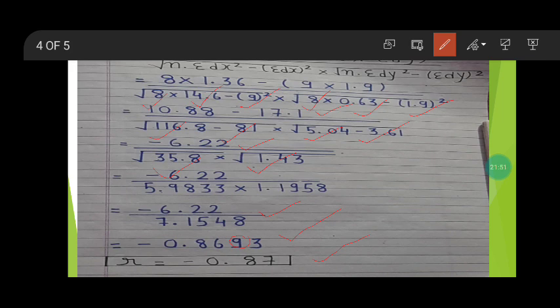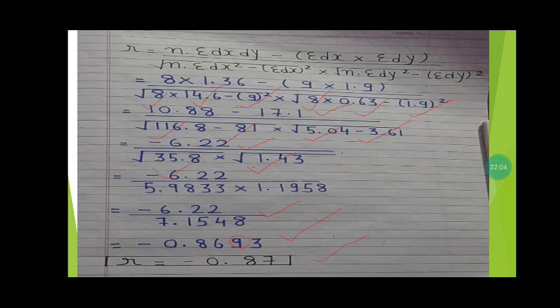That is why we have written here minus 0.87. So this way the value of the coefficient of correlation, that is R, has come to minus 0.87. So this way we have calculated the coefficient of correlation.